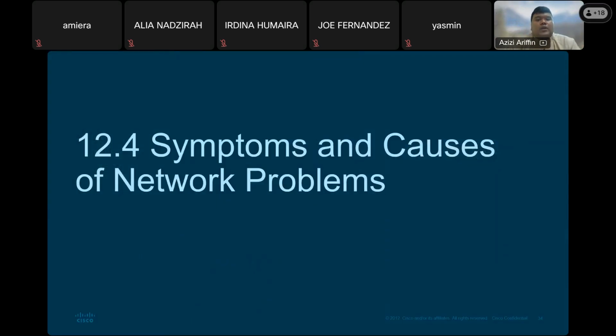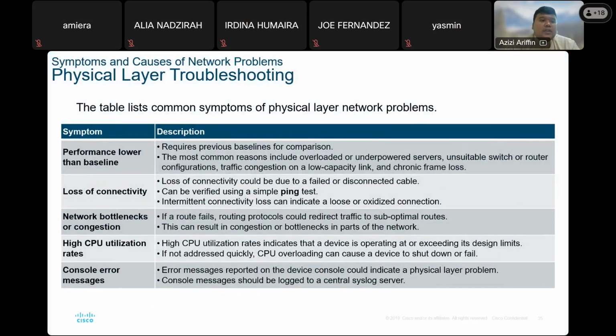So we go into the symptoms and causes of network problems. One of the symptoms is performance lower than baseline. For example, earlier in the baseline, when we did a ping, the latency was only 1 millisecond.